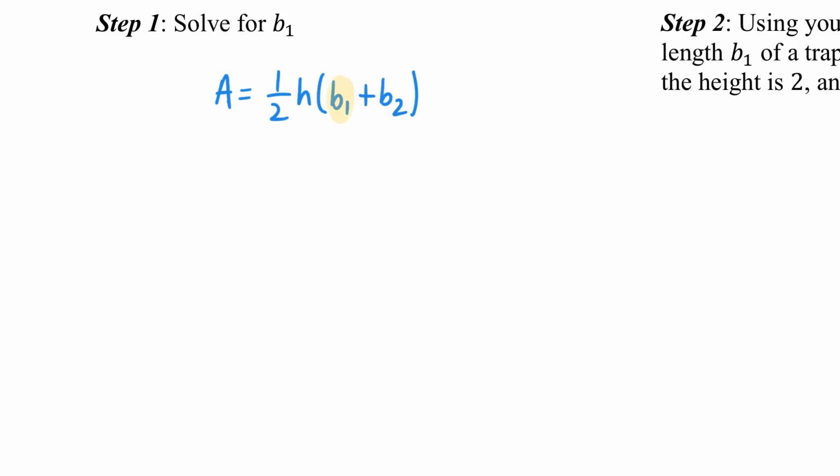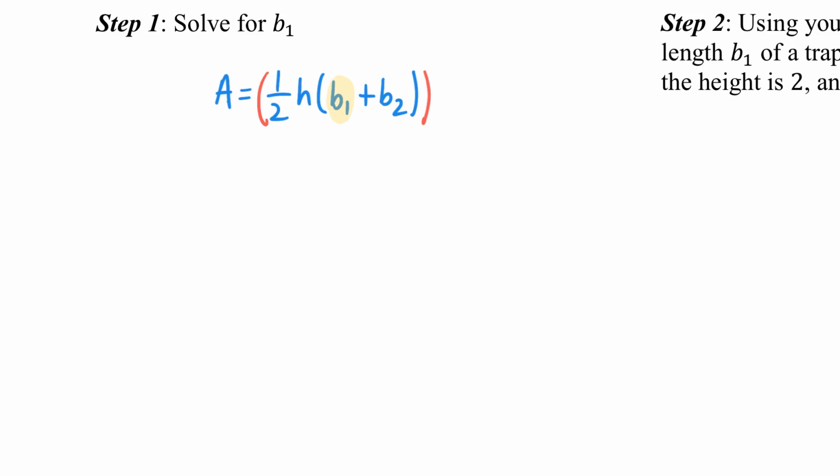Many of you are going to be tempted to subtract B2 here. You can't do that because B2 is being multiplied by several things. So instead of subtracting, we're going to multiply and divide, because we're trying to get rid of the 1/2 and the H. Then we can subtract the B2.